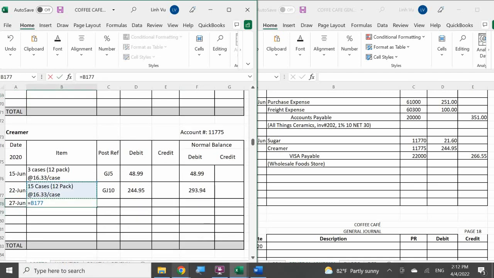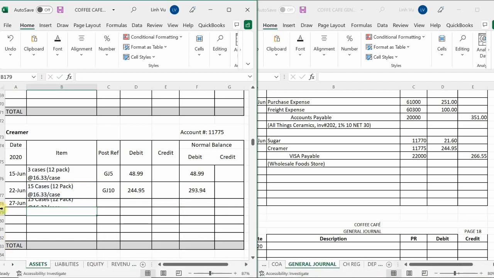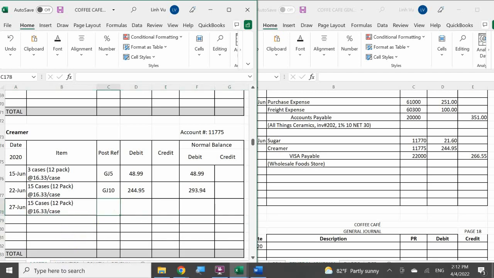We bought another 15 cases of a 12-pack non-dairy creamer. Oops, sorry. Which gave me a total of $244.95.